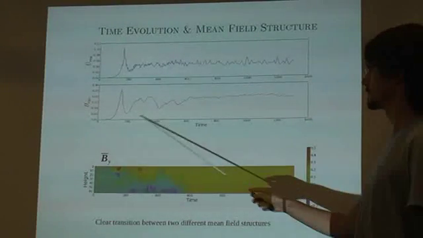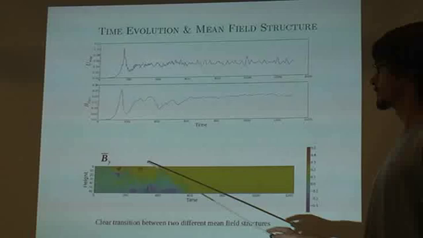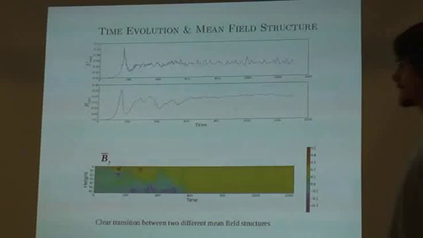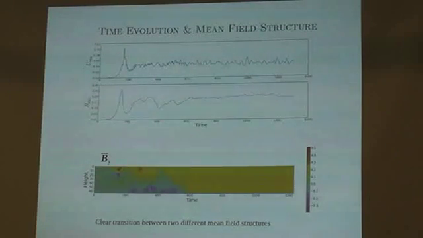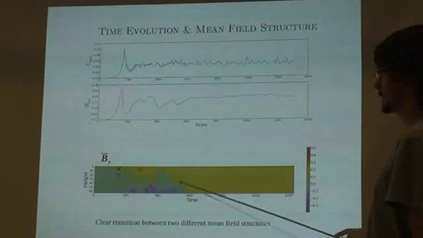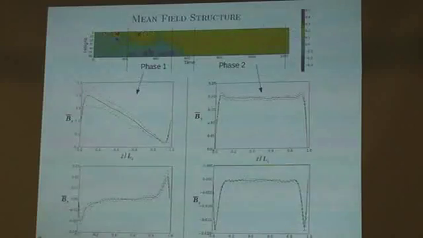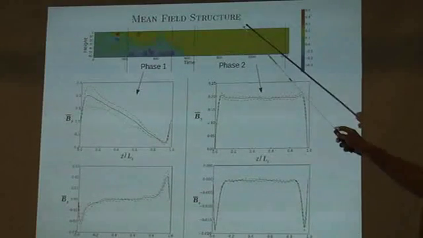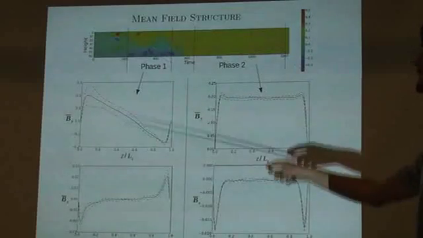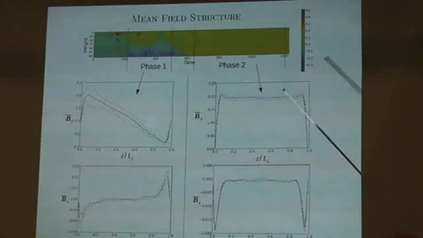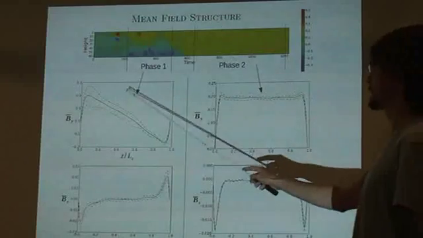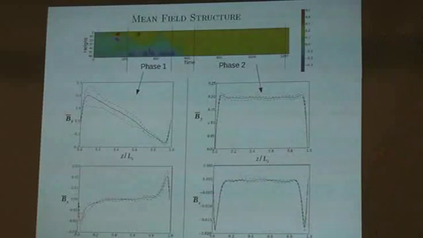This period corresponds to a phase when the mean field has an anti-symmetric profile in the box, and then it becomes more symmetric. Here we see the profile averaged over these two phases. In this case it's anti-symmetric, in this case it becomes symmetric. The transition is quite sharp actually.